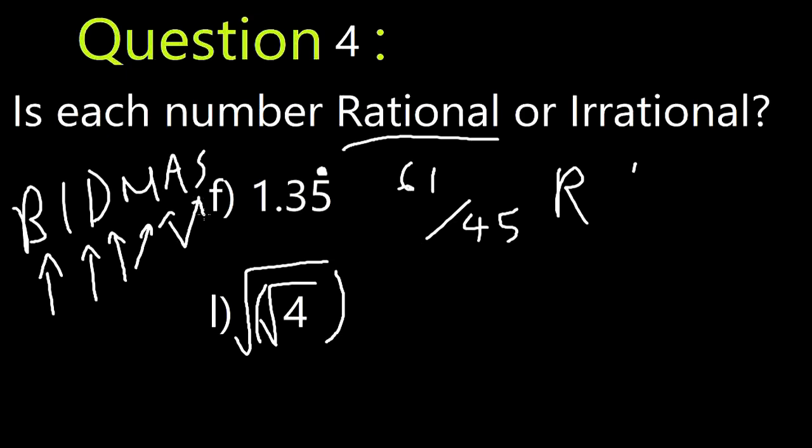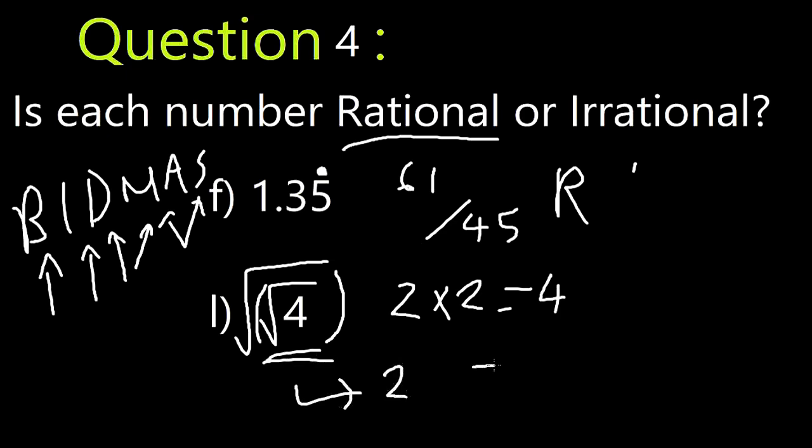So we're going to work our way out from the middle here. Root 4 is asking which number, when times by itself, gives 4. And hopefully we should know that 2 times 2 equals 4. So therefore this number here is the same as 2. So we can rewrite this now as the square root of 2.